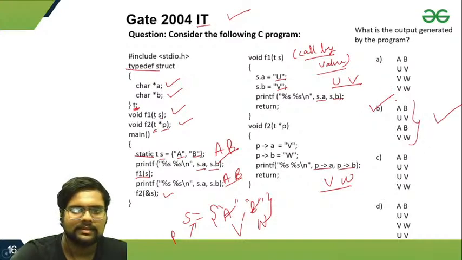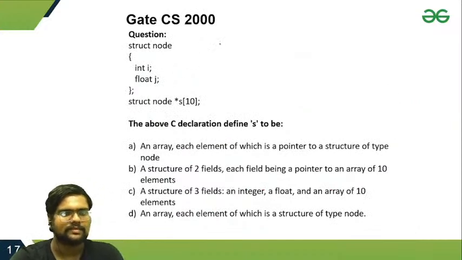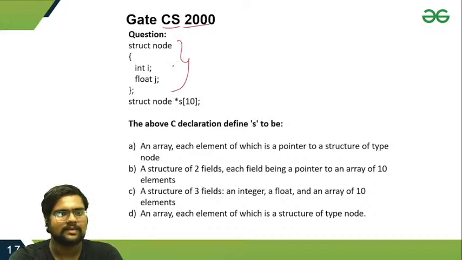Let's try to do one more question on structures. This question was asked in GATE CS 2000, in which we have a struct node with two variables, int i and float j, and we have a node array which is an array of pointer type, and its size is 10.